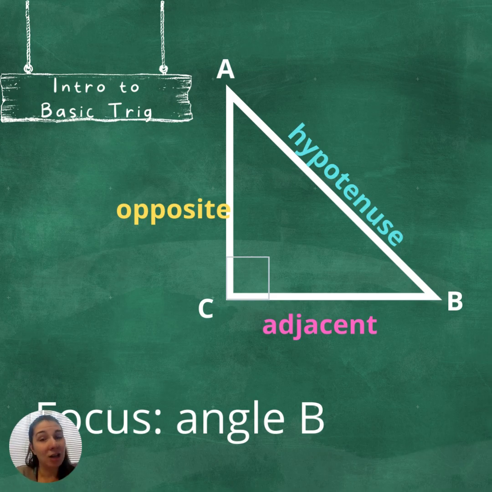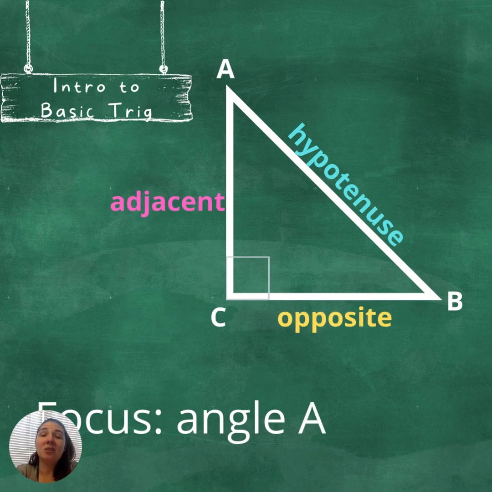The adjacent side to the angle that's in our focus will have the letter as part of the side. And again, adjacent will never be the hypotenuse. An adjacent side will always be one of the legs, and the legs make up the right angle. So CB is the adjacent side. It's the side next to the angle. If I change my focus from angle B to angle A, that switches up what's adjacent and what's opposite, because now your focus is different.